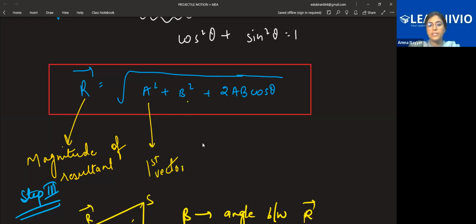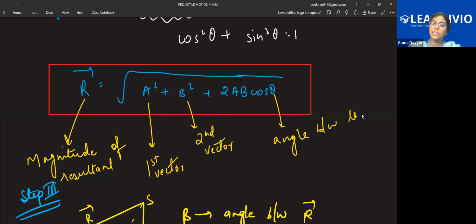This is our second vector, and this is the angle between the two vectors. Now, for the direction part, I'll tell you later, but tell me till here. Magnitude of the resultant, first vector, second vector, angle between them.